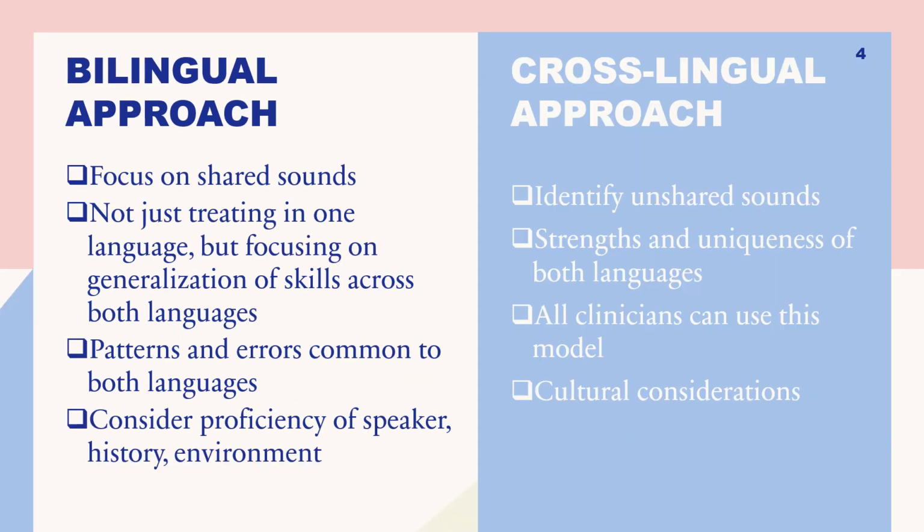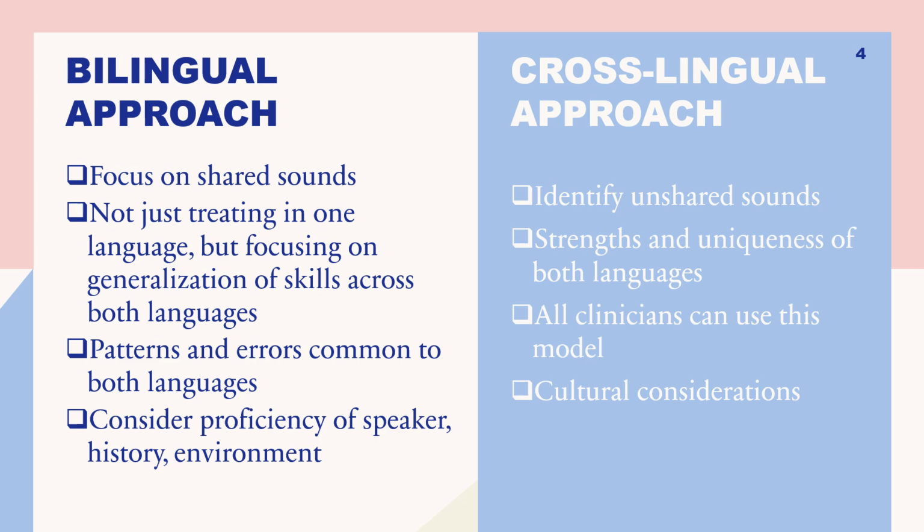Okay, so the main gist of the bilingual cycles approach is that you're building on the traditional cycles approach and you're incorporating the philosophy and the ideas of the bilingual approach and this cross-lingual approach. So I'll break those down and then we can see what that looks like.